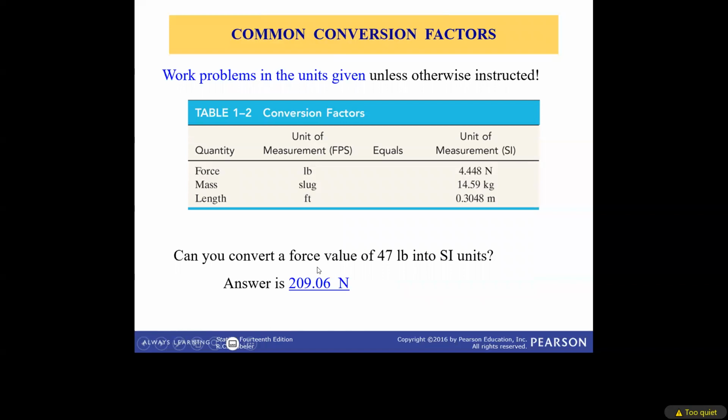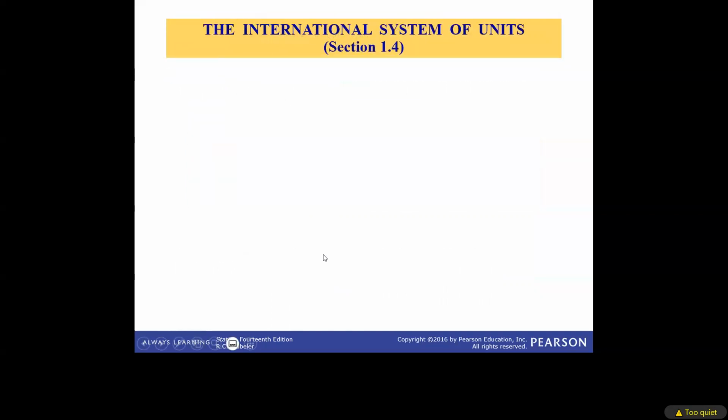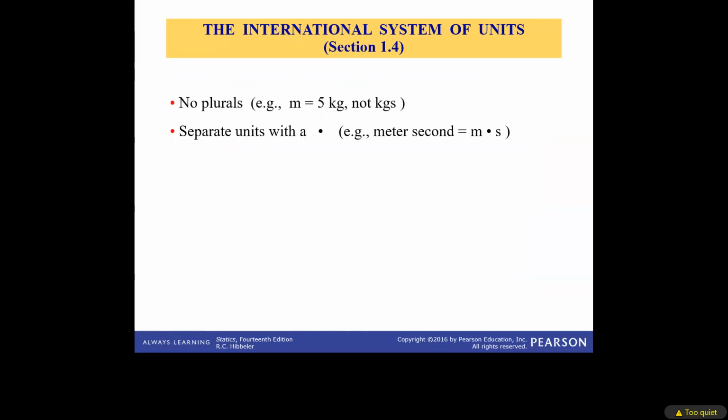Can you convert a force value of 47 pounds into SI units? Yes. You would solve that, and the answer is 209.06. For your sake, we would say 209 newtons, because you're going to round up or down, so you just round down on that particular problem.